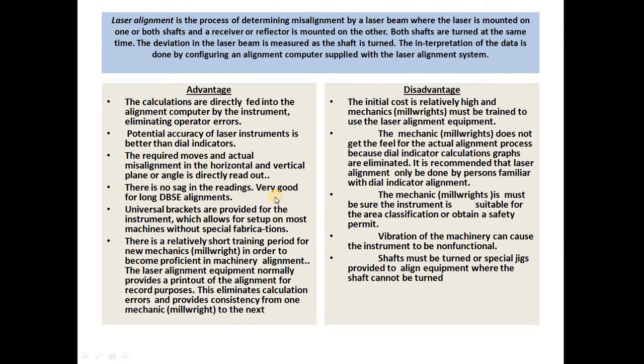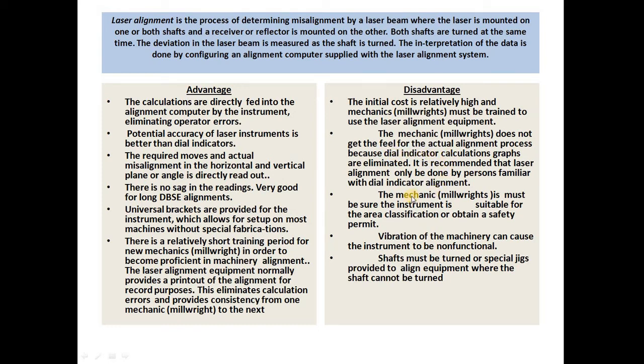And universal brackets are also available. You only need the millwright to be trained to use this type of alignment kit. The disadvantage is that this kit is very costly, and the millwright or technician does not feel the doing of actual alignment because they do not do any calculation.